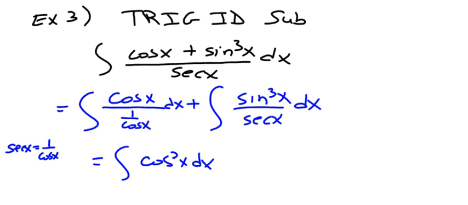Then for this other one, I'm going to do the same thing: change secant into 1 over cosine and simplify, so I get sine cubed of x times cosine of x dx.